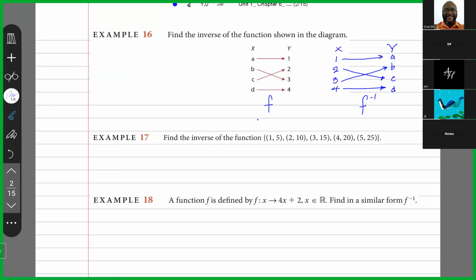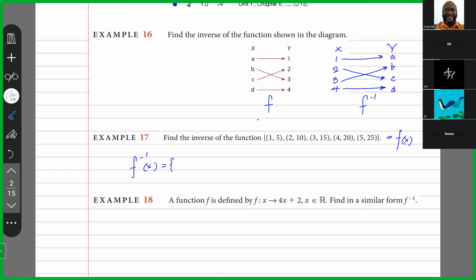All right, so now we're at example 17. Example 17 says to find the inverse of the function. All right, so this function here is represented. Let us say that this is the function f of x. Now, f inverse of x, remember, whenever you find the inverse of a function, first of all, the function has to be a bijective function.